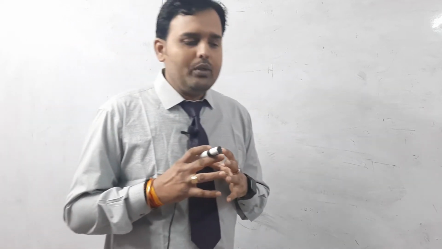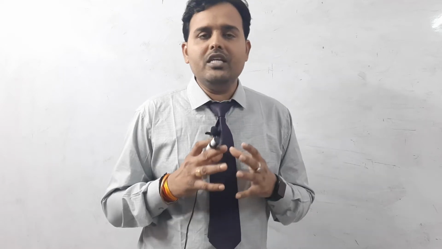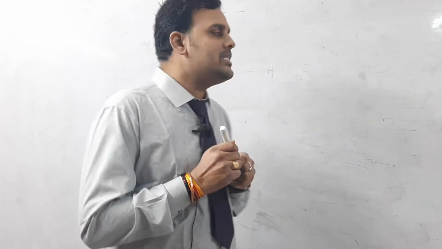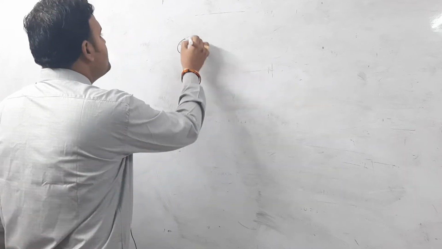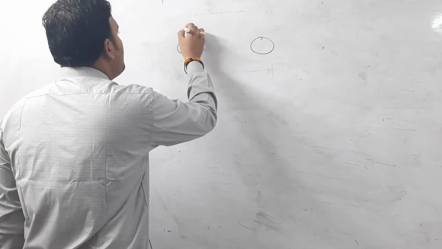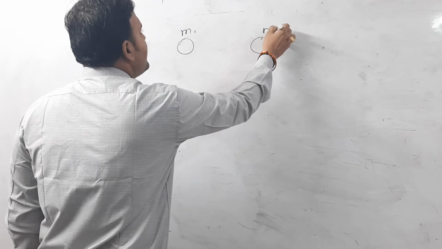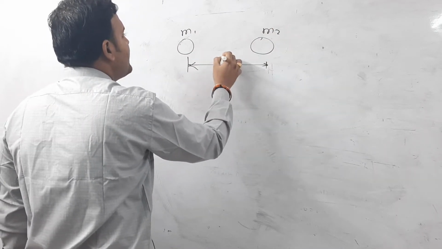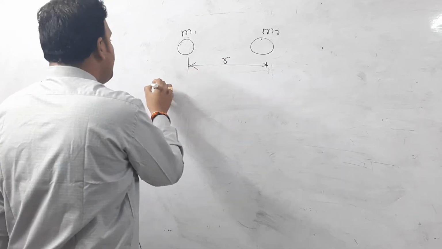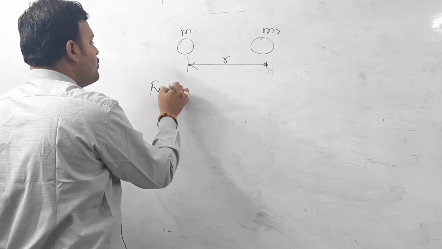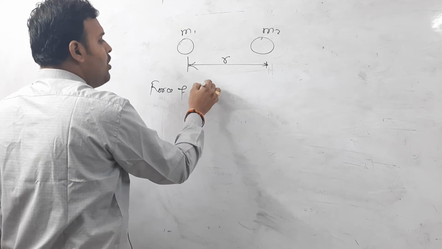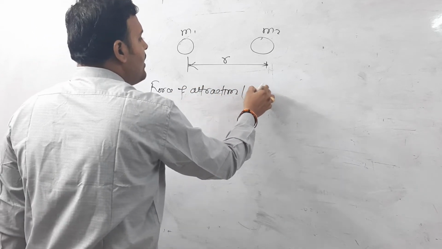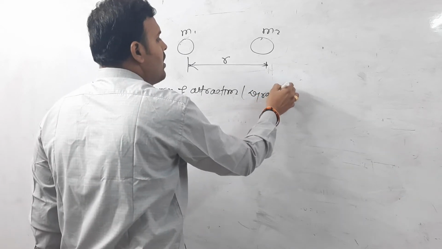Now dear student, the law of gravitation given by Newton says, if there are two objects, let's say this is an m1 mass object and this is an m2 mass object, and the distance between these two objects is r, then there will be a force of attraction called the gravitational force of attraction, or gravitational force.